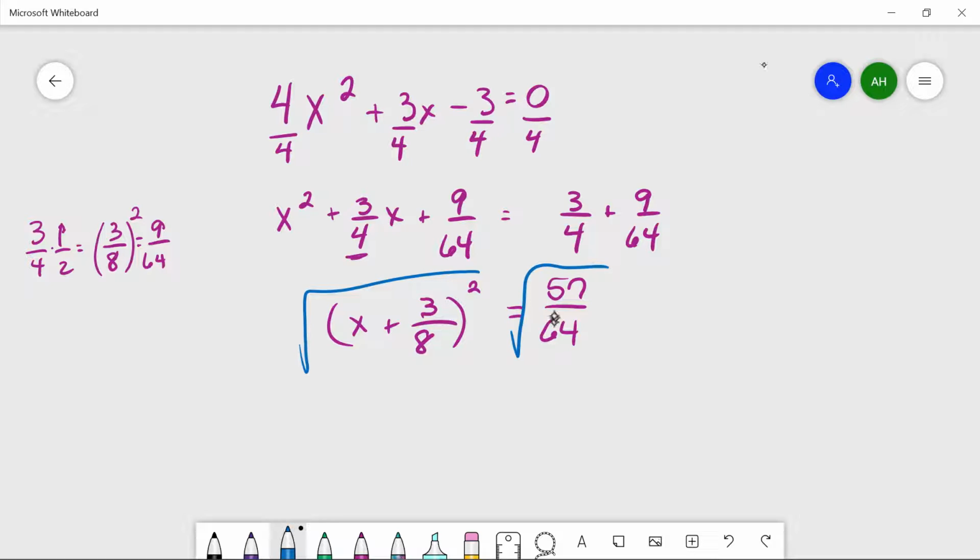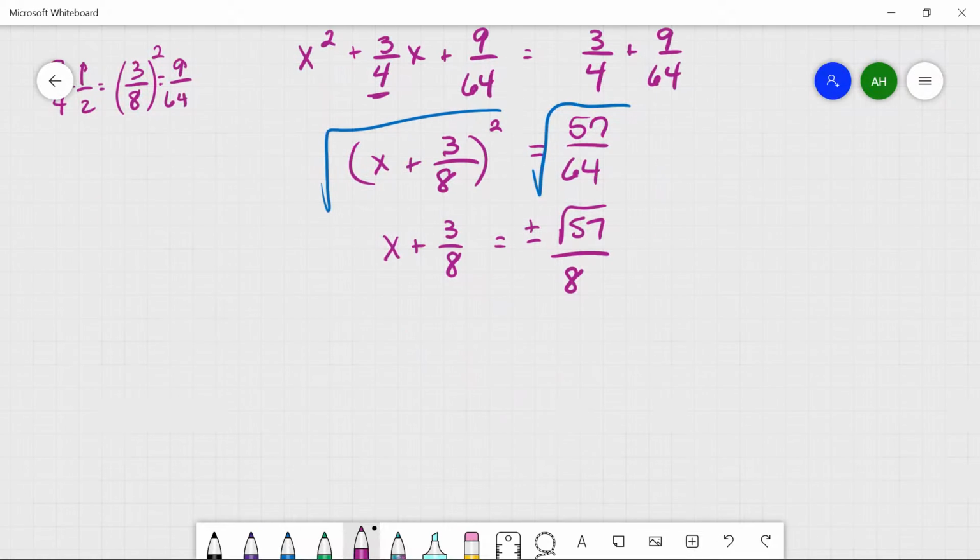Remember, this is the square root of 57 over the square root of 64, right? So the square root of this over here is just going to be x plus 3/8 equals plus or minus the square root of 57 over 8, because we know the square root of 64 is 8. All right, and now we can move that 3/8 to the other side.